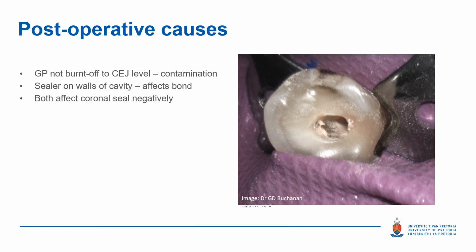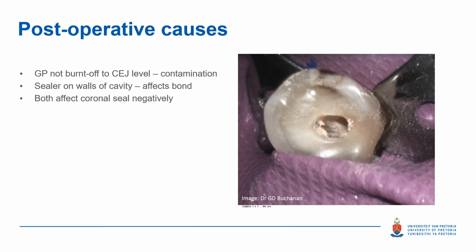It's important to burn off your GP to the level of the CEJ. If you've got a puncture that's extending all the way into your access cavity, this can serve as a route of contamination. Also, I mentioned before that you want to try and remove the sealer from the walls of your cavity. Remember, the sealer that you guys are using, and you probably use it in private practice as well, is zinc oxide eugenol based sealer, and the eugenol can affect the bond of your composites, which is why we don't place, for example, calcinol base layers under composite restorations.